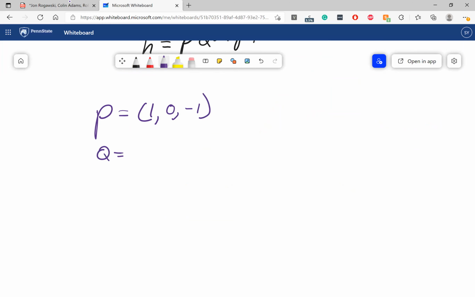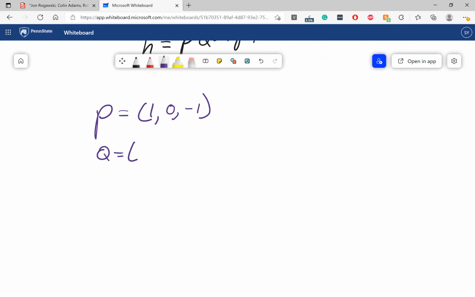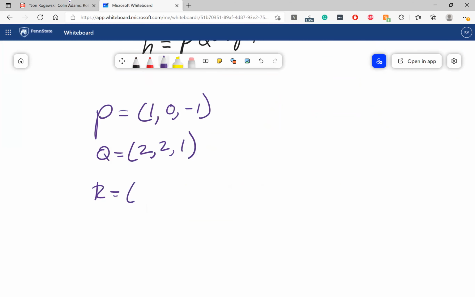Q is the point 2, 2, 1. And R is the point 4, 1, 2.